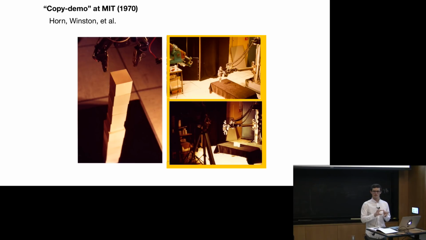In this case, they knew the size of the blocks, but this is way back in 1970, and they were using computer vision to decide where the blocks are and then have the robot hand grab them. If you look at a lot of current robot research, you'll see very similar looking experimental setups. So I think it's a good thing to keep in mind that we have been doing this since 1970, but there's still a lot of challenges.